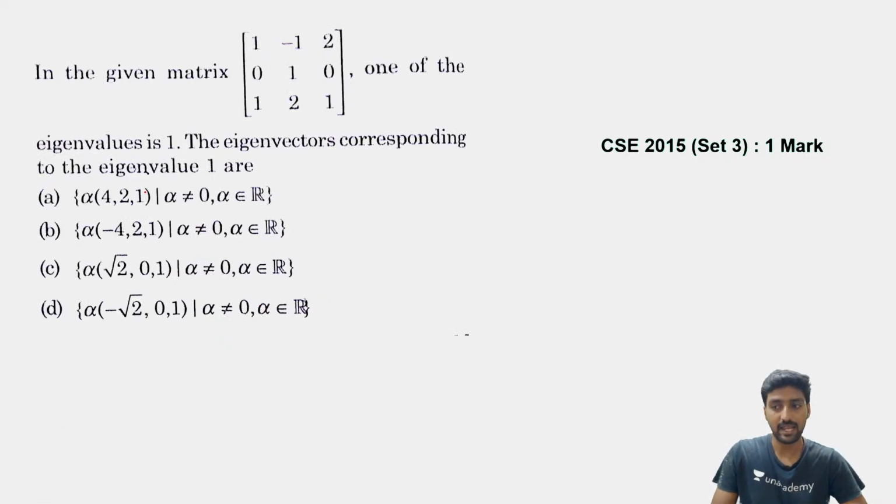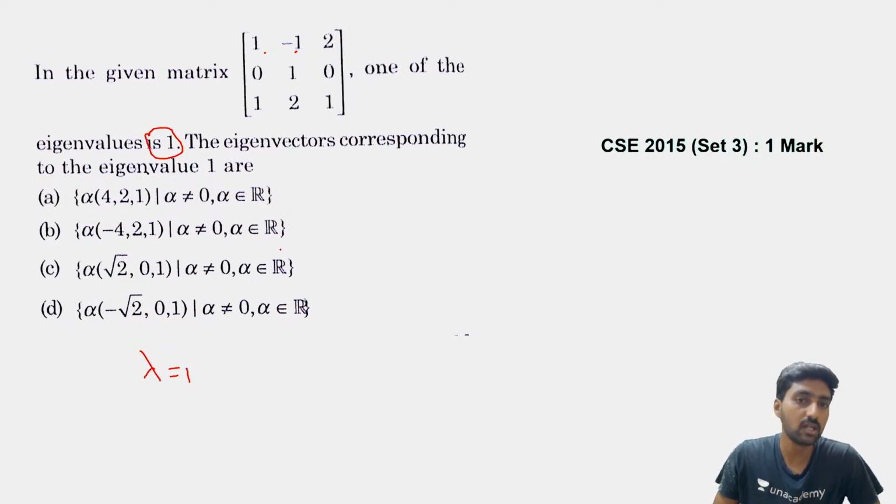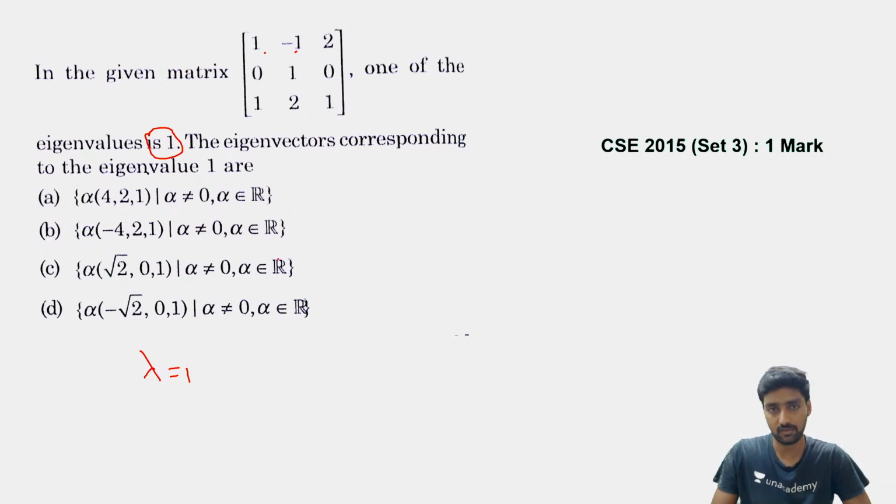Next, eigenvalue. The given matrix is 1, minus 1, 2; 1, 0, 1; 0, 1, 2, 1. One of the eigenvalues is equal to 1, that is lambda is equal to 1. The corresponding eigenvector: how to identify the eigenvector for this matrix?